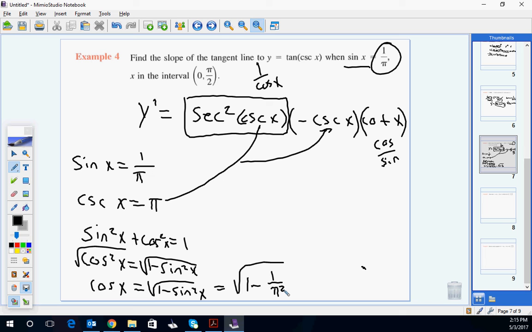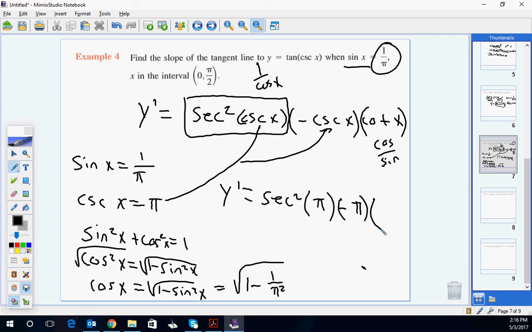Let's just see where we're at. Y prime is secant squared of pi, excuse me, because cosecant is pi. We already said that. Minus pi times a negative pi.